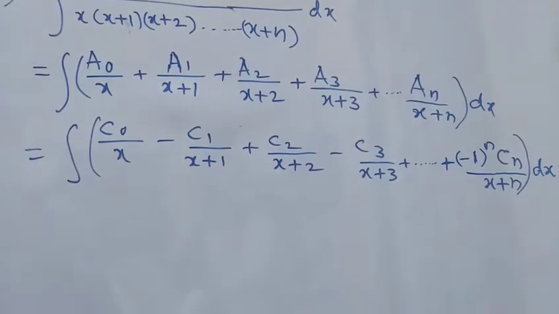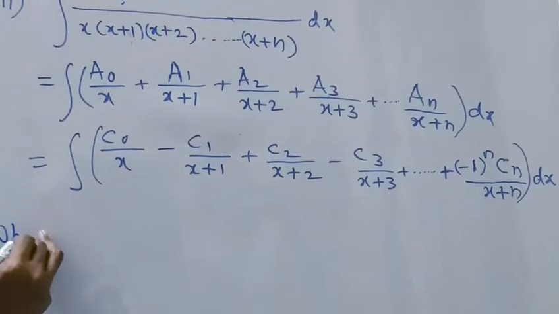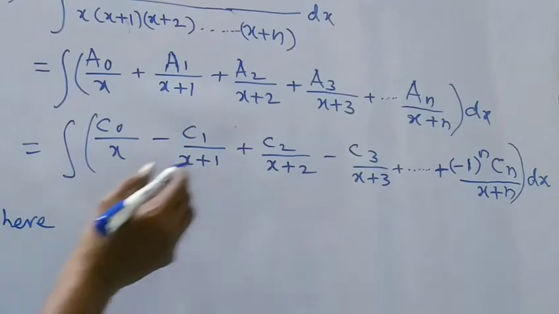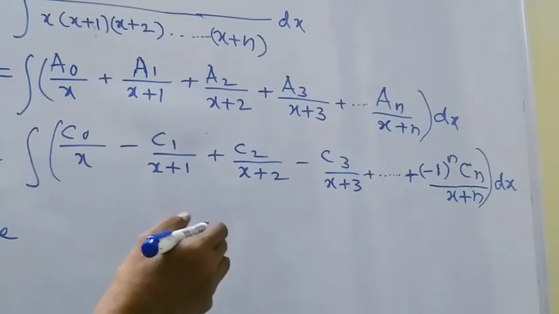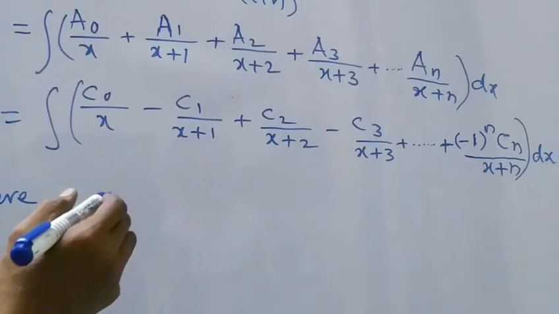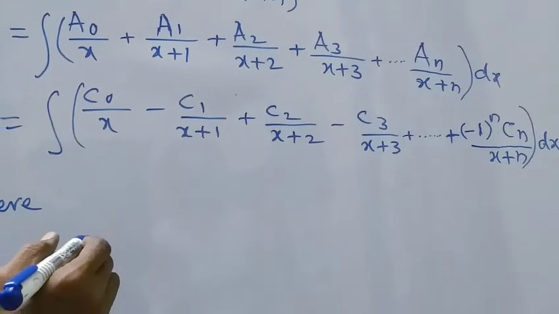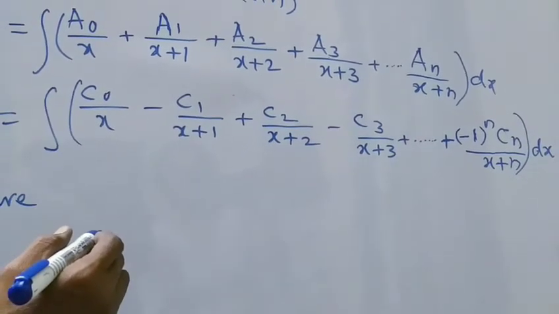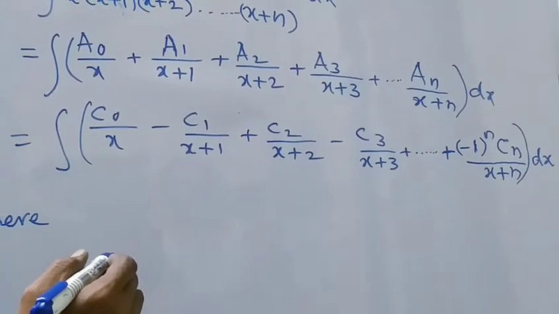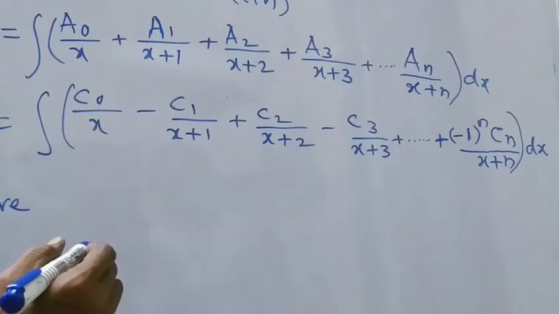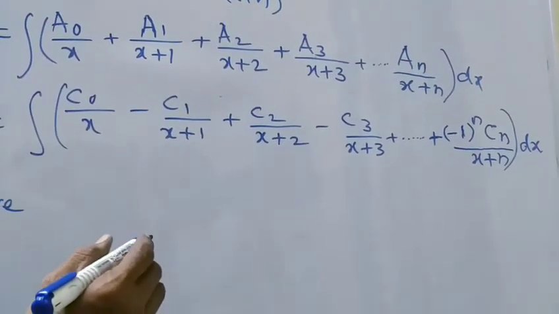Here C0, C1, C2, C3, C4 and so on up to Cn are binomial coefficients in the expansion of 1 plus x whole to the power of n, and A0 is equal to C0, A1 is equal to minus 1 into C1, A2 is equal to minus 1 whole square into C2, A3 is equal to minus 1 whole cube into C3 and so on.